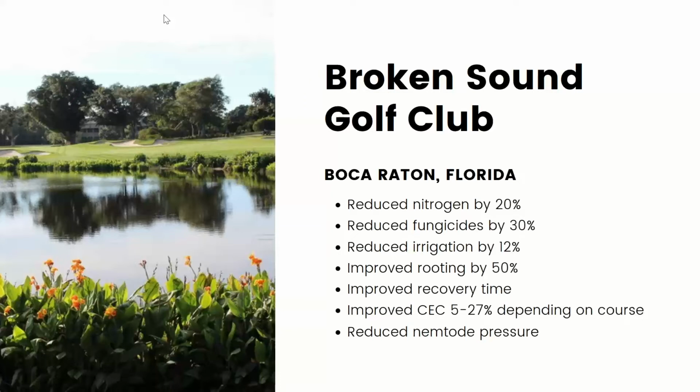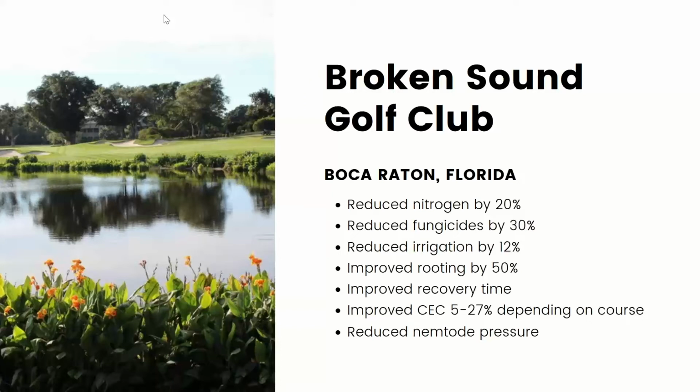They have 2 different courses there, and the results varied from course to course. When you're looking at 36 holes of golf, you're obviously going to deal with different circumstances on each hole because of soil type, the proximity to water, the amount of sun that it's getting, the age of it, how one course is newer than the other course. So, you know, they're all going to be variables in there.